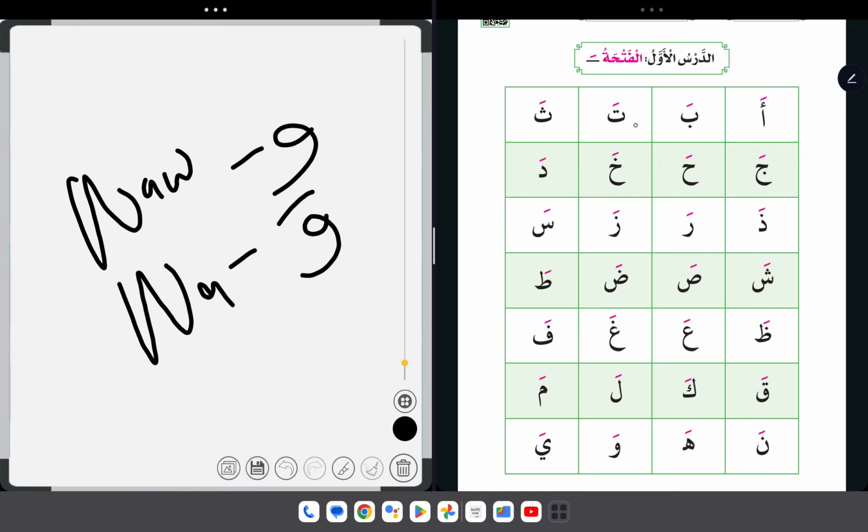So we don't need to mention the name of the letter every time. Let's just go straight to the sound. A, ba, ta, tha, ja, ha, kho, da, za, ro, za, sa, sha, so, do, to, vo, a, go, fa, ko, ka, la, ma, na, ha, wa, ya.